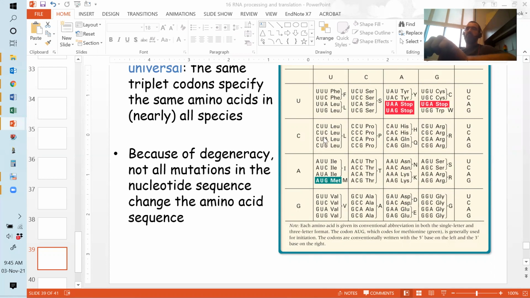But for others, leucine, for example, you could change the third letter to whatever you want, and it's not going to have any effect on the amino acid sequence, and therefore the protein. So the consequence of mutations very much depends on not just where they occur, but what they are as well, even in the open reading frame.